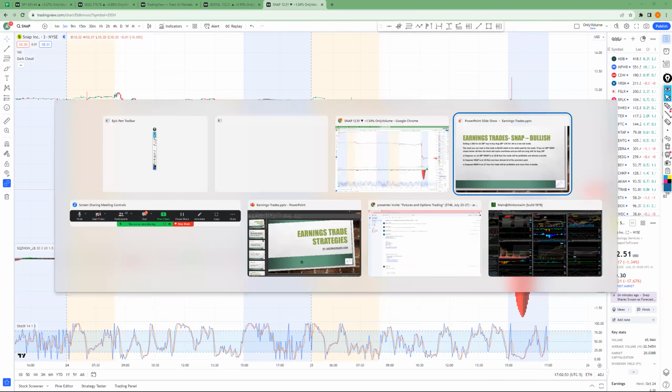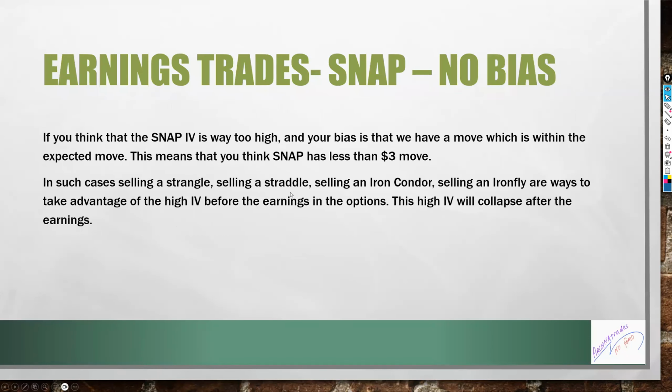Let's go back to our presentation. So if you think that the IV is too high and you think that Snap is going to be within the expected move, it's not going to go outside the $3, which it is doing.